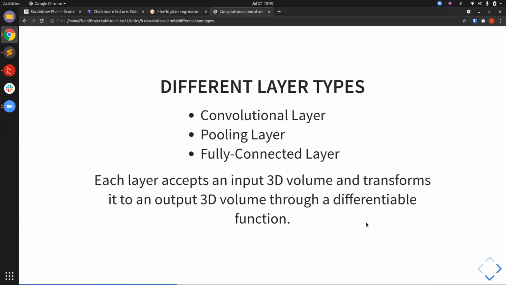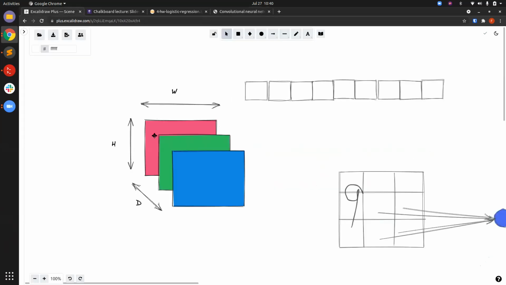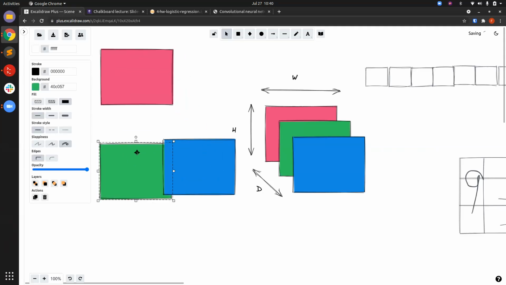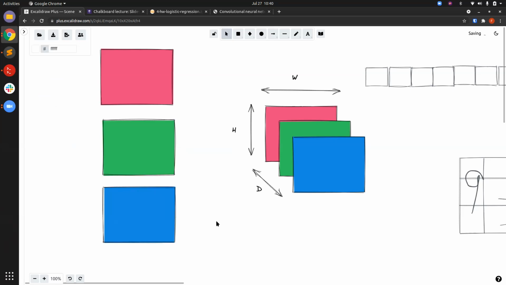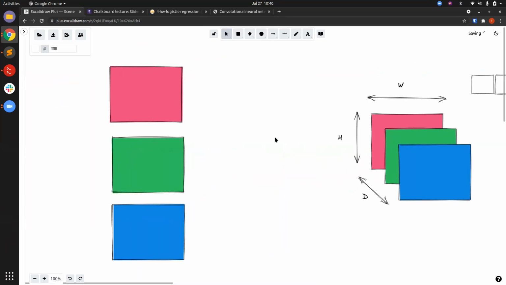So I actually have a few types of layers in my convolutional network. I'll have convolutional layers, pooling layers, and fully connected layers. Let's start with a convolutional layer. Let's take this image. I have some width, some height, and a depth of 3.